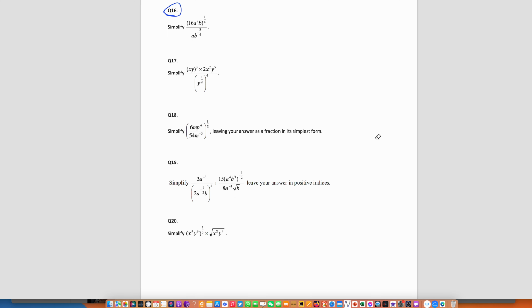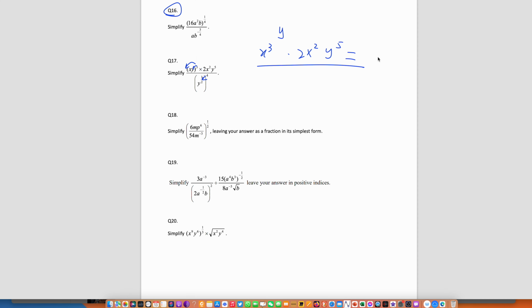Are you clear? So for 17, the 3 will go into each of them, so it's x3 y3 times 2x2 y5. Your 4 will go into it, you will get y2, right? So y3 y2 y left. That's it.